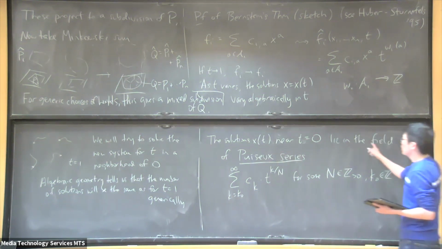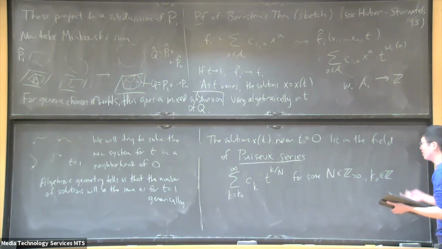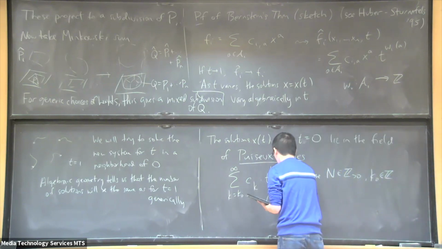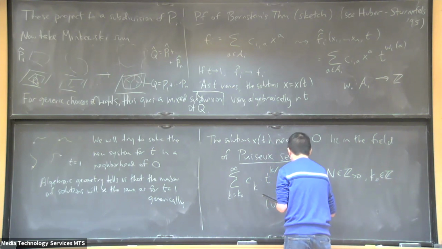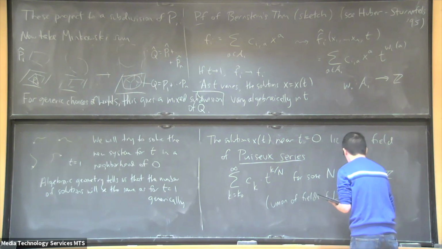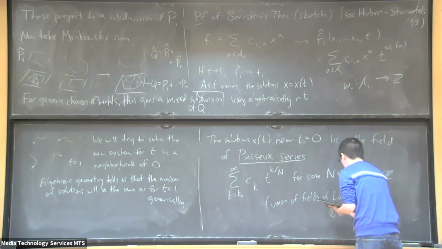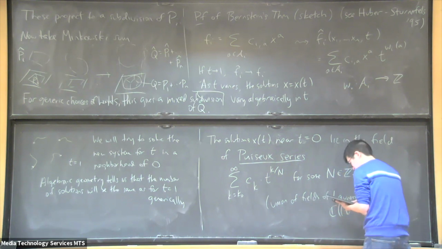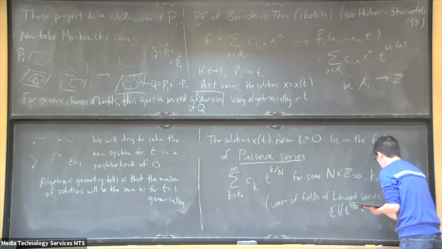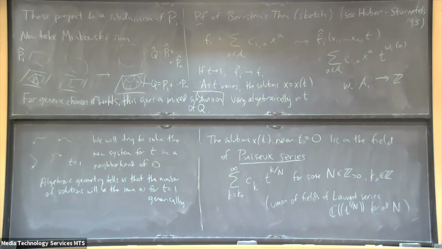So this field of Puiseux series, you can think of it as essentially the union of the fields of Laurent series in t to the 1 over n for all n. And union here really means direct limit.